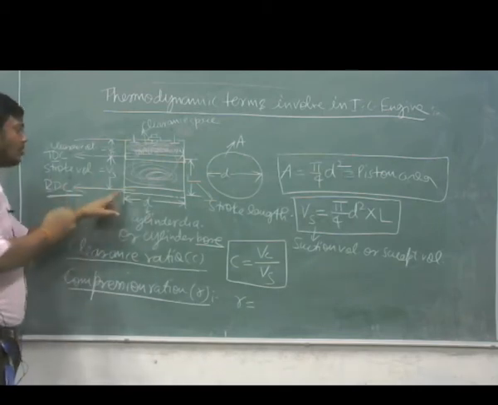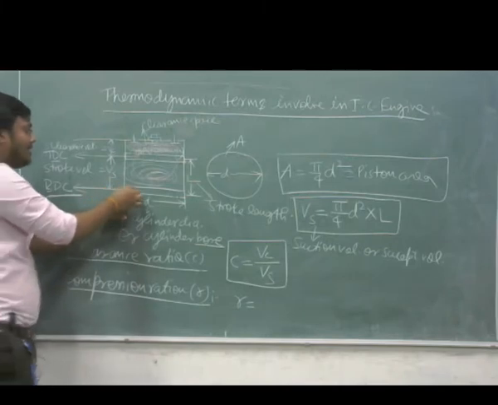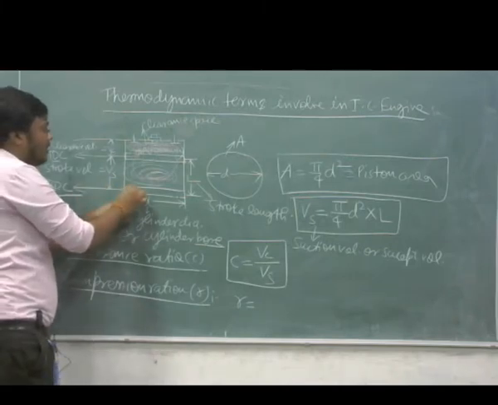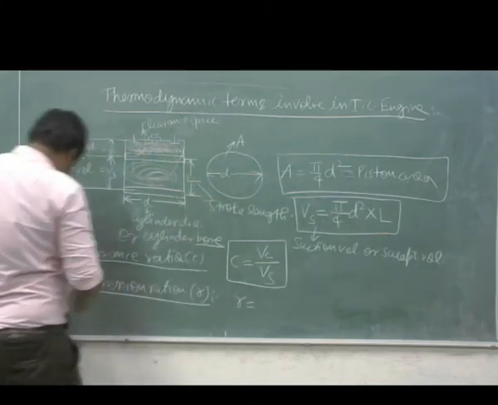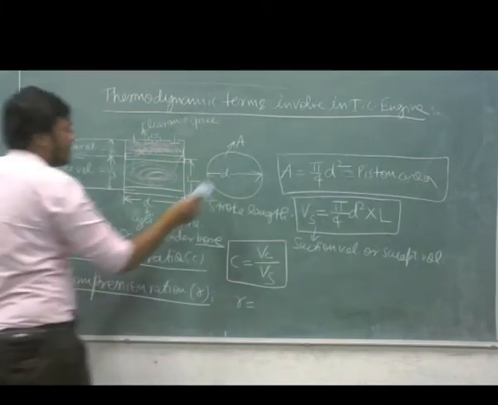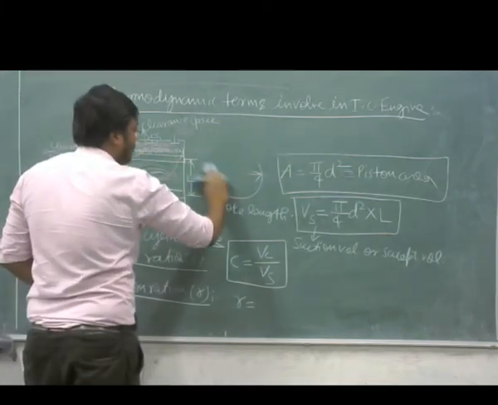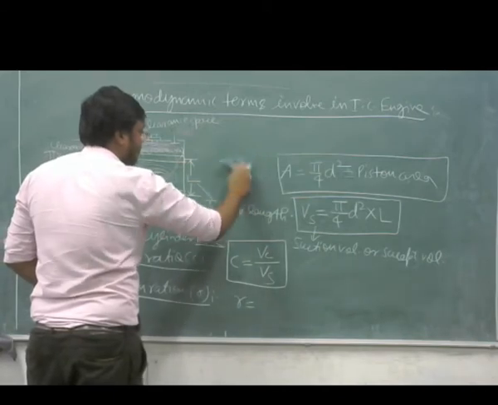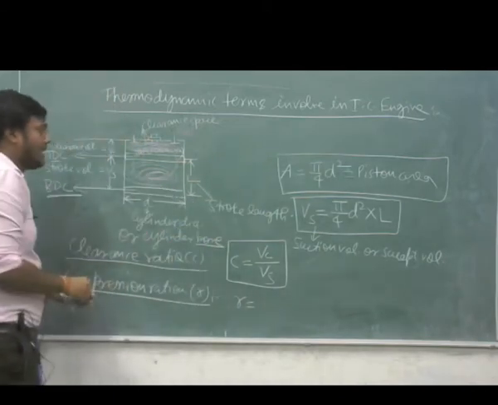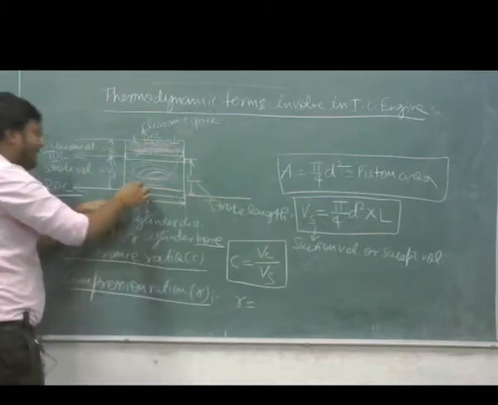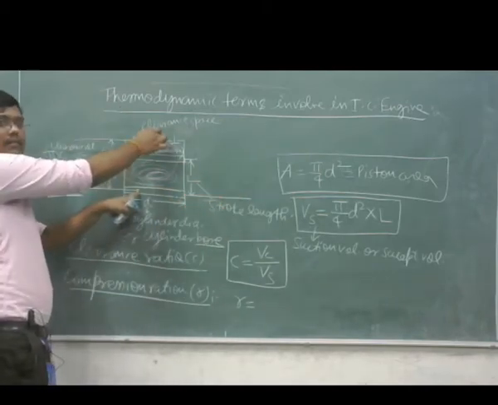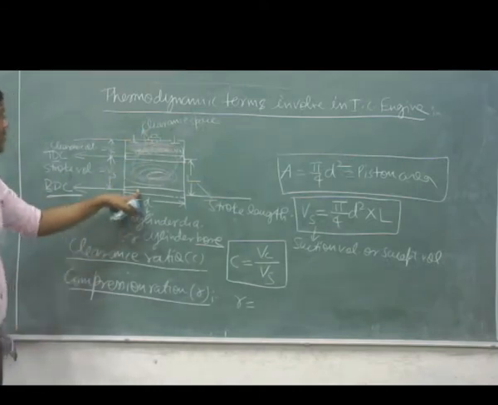So in the starting, we have to take the total volume of the engine from BDC to the cylinder head, because at the start of the compression stroke the piston is at BDC.